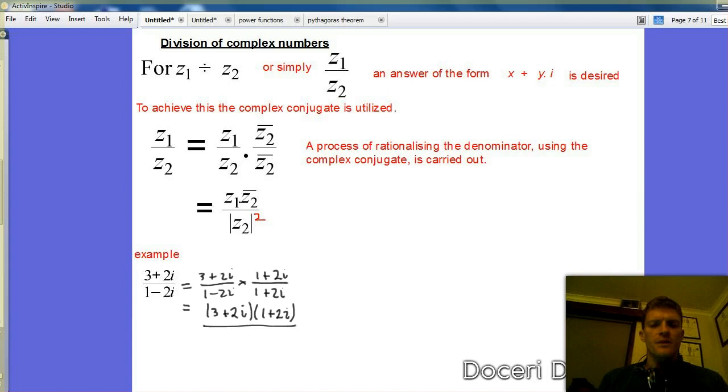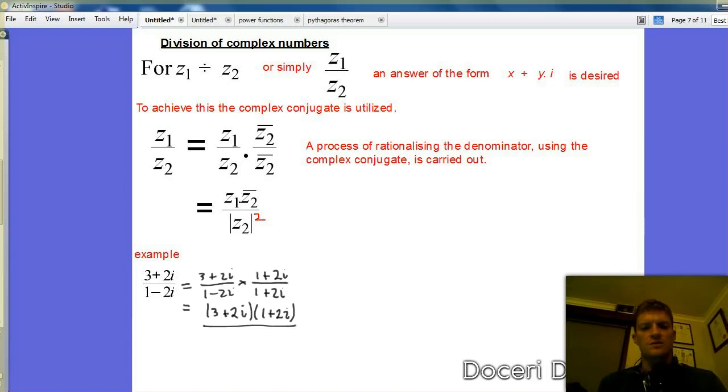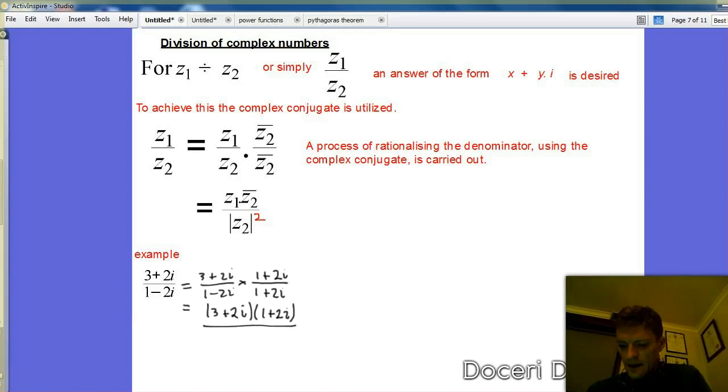So it's like the difference of two squares, and we saw that simplifies down to the modulus squared, which is simply x squared plus y squared, the real part squared plus the imaginary part squared. So the real part squared is 1, 1 squared is 1, and we add the imaginary part, which is 2. 2 squared gives us 4.